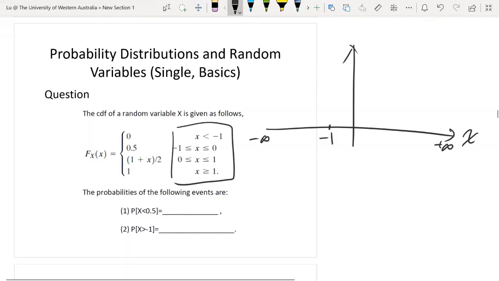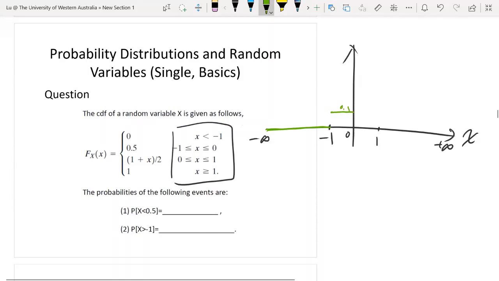And the second one is from -1 to 0, and then 0 to 1, and 1 to positive infinity. When the x is between negative infinity to -1, the CDF function value is 0, so remains at 0. Between -1 to 0, the CDF function value is changed to 0.5.